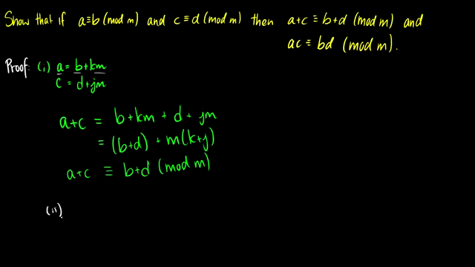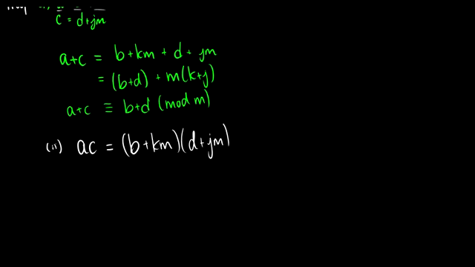So we want to show that a times c is congruent to b times d mod m. So ac, well, this is just going to be b plus km times d plus jm. So let's multiply this out. We're going to get bd plus bjm plus kdm plus kjm squared.